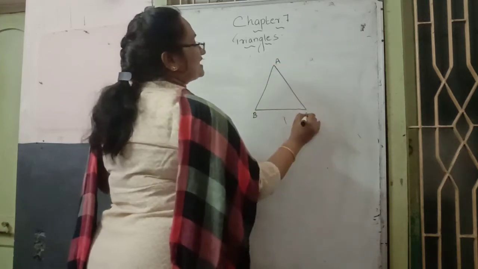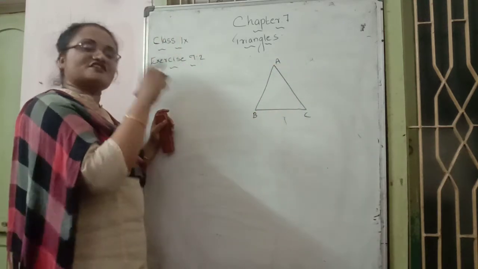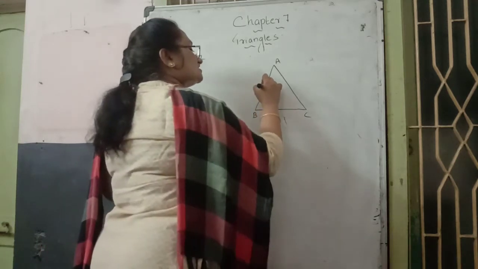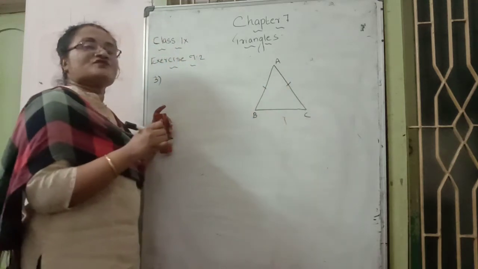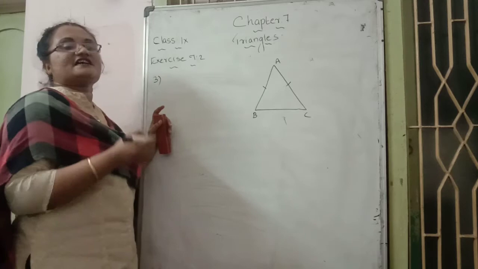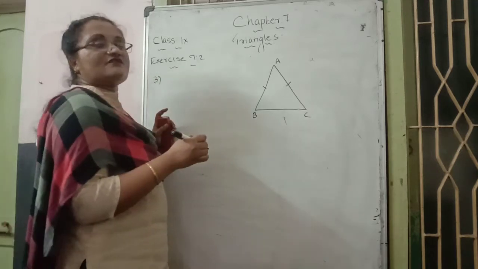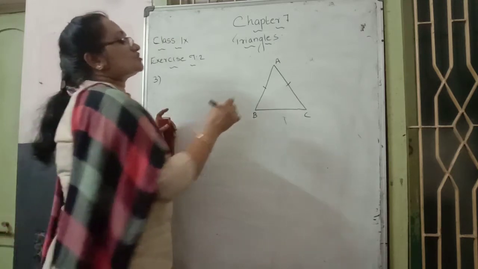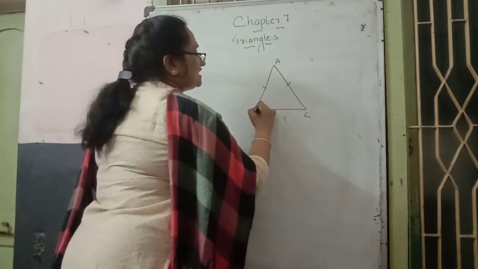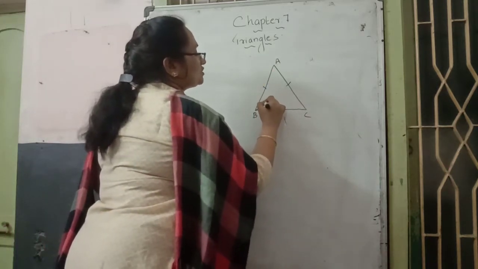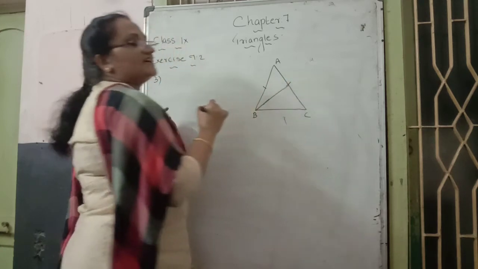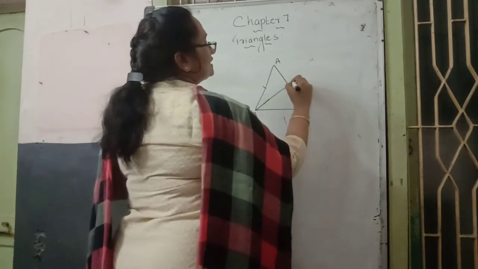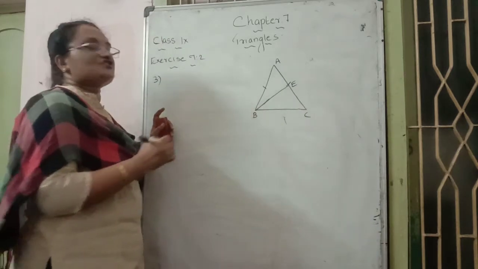Isosceles specialty: two sides are equal, the AB side and the AC side are equal. Then next they say from the B vertex draw a perpendicular altitude to the AC side. Mark the cutting point as E.